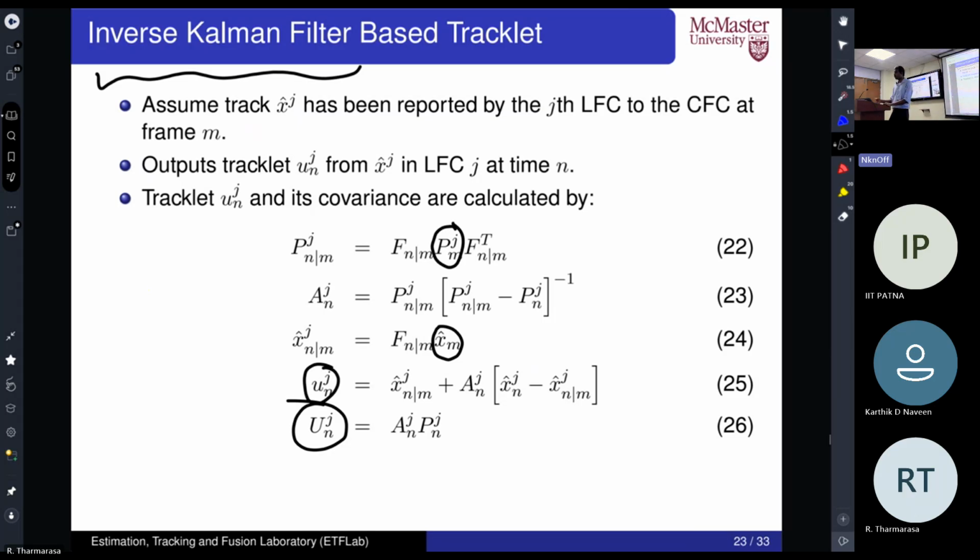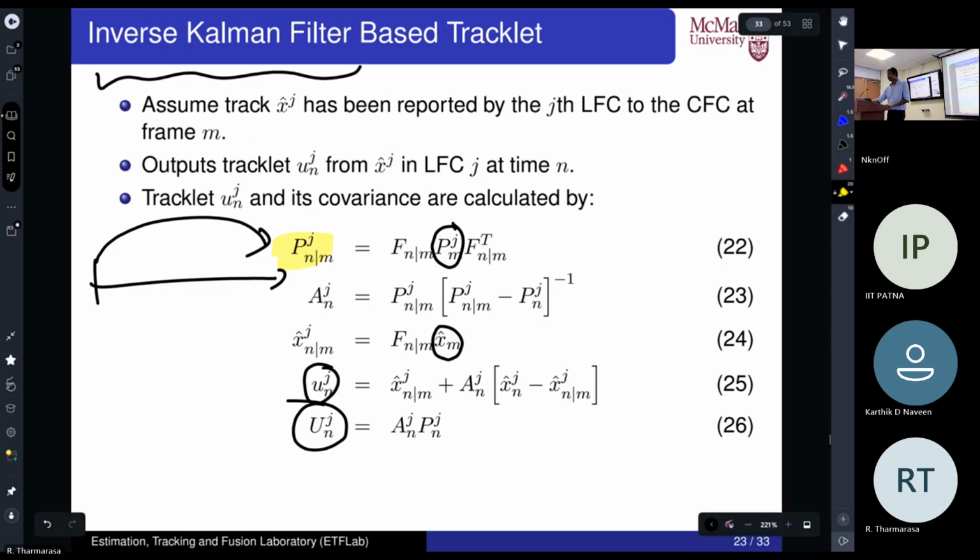If you look at this equation, that's a simple prediction without noise, no noise involved. So basically, if you last communicated here, do a simple prediction. Don't worry about the derivation.